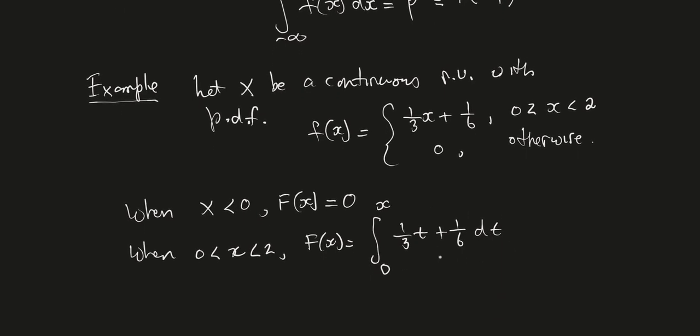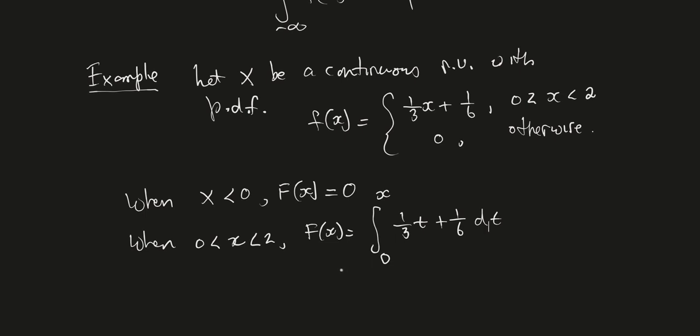But the linear function is simple enough that we can go ahead and evaluate our integral. So we have 1/6 t squared plus 1/6 t evaluated at 0 and at x. So when we evaluate it at the upper limit, we have 1/6 x squared plus 1/6 x, and then at the lower limit, everything is 0.